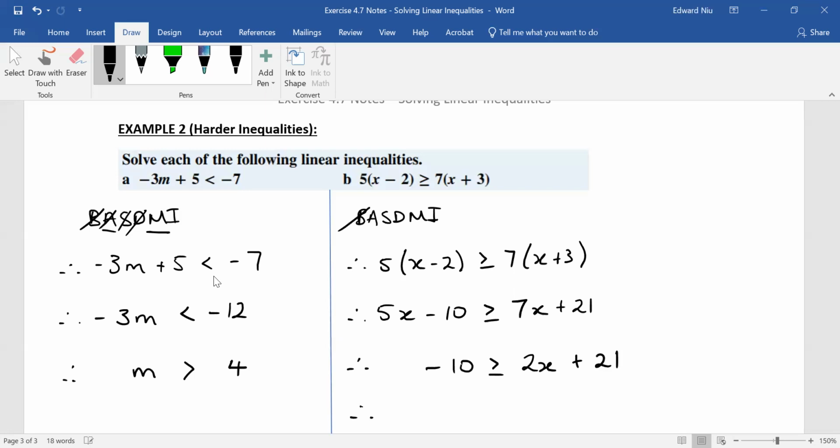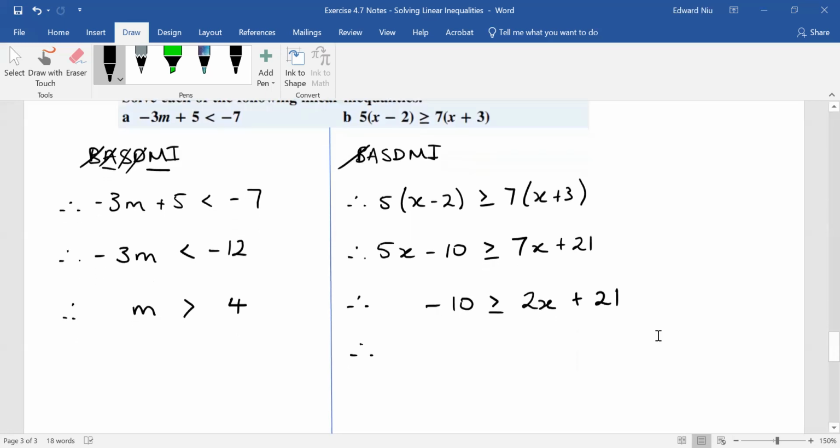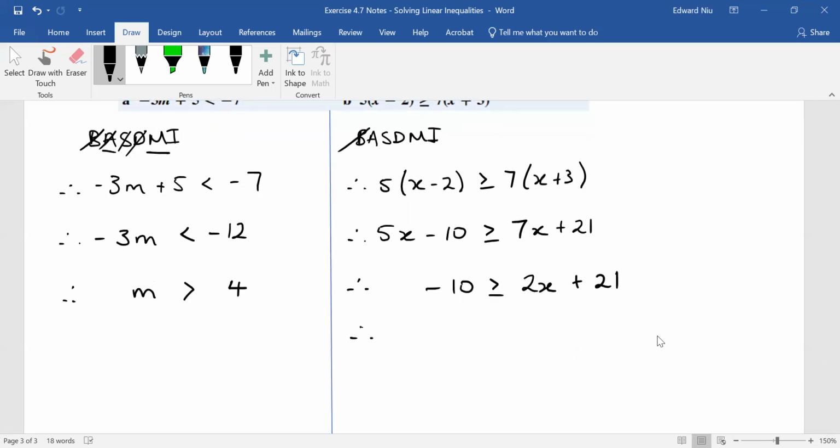Now that the x is on one side of the inequality sign, we can keep going with the acronym. On the pronumeral side, do we have an addition term? Yes, we do. We have a +21. So we need to subtract 21 from both sides, which means -10 take 21 gets us -31.